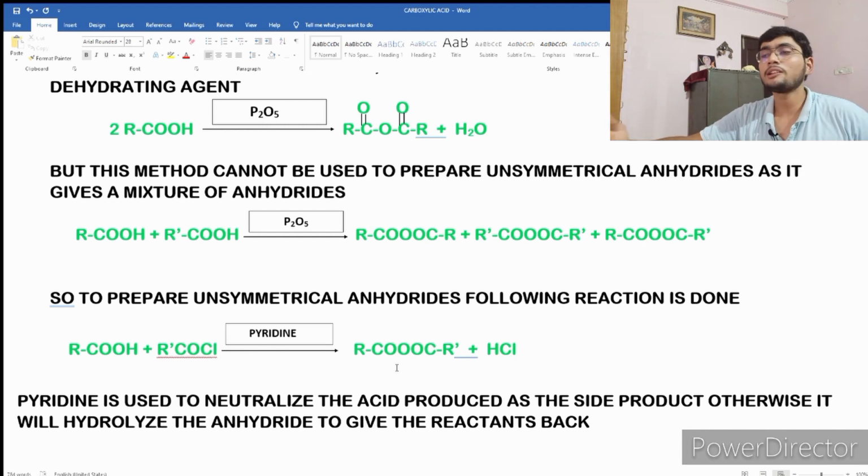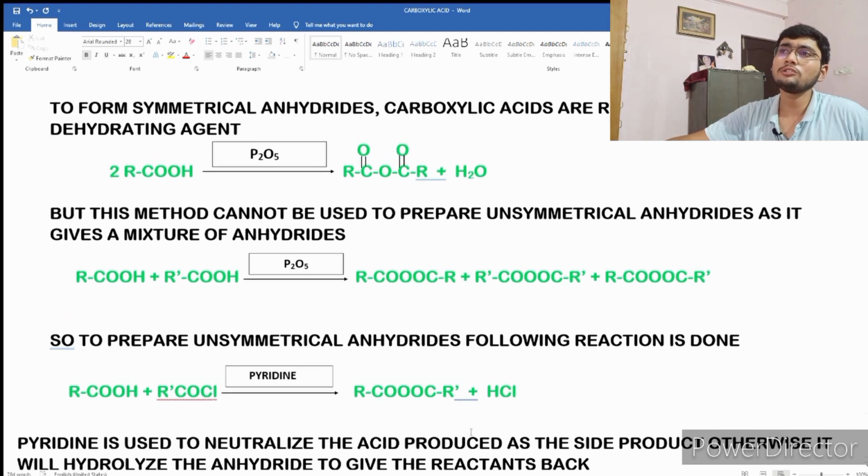So to avoid that, we use pyridine, because pyridine is a base, so it will neutralize the hydrochloric acid and we will get our desired unsymmetrical anhydride. That's what I have written here also, that pyridine is used to neutralize the acid produced as the side product, otherwise it will hydrolyze the anhydride to give the reactants back.